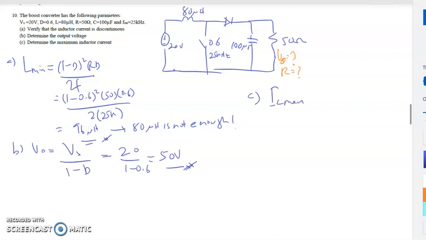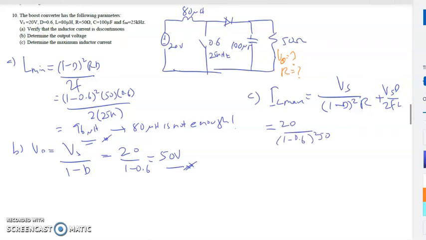Okay, see what is the maximum inductor current, the maximum inductor current that passes through the 80 microhenry inductor. So Vs divided by (1 minus D) squared R, plus for I L max, minus for I L min, Vs times D divided by 2FL.